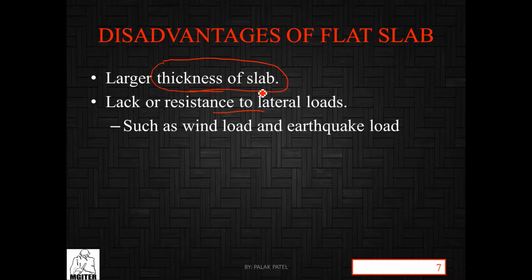It's not easy to transfer a load from the slab to the column, so we require more reinforcement, and if reinforcement increases, the thickness of the slab will be increased, because of the load. So these are the disadvantages. And lack of resistance to lateral loads, such as wind load and earthquake loads, right?